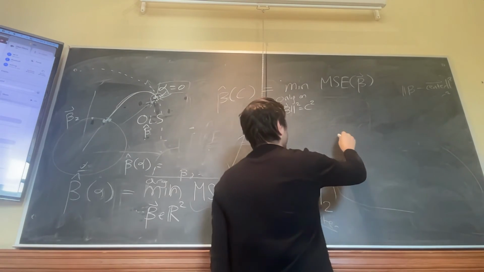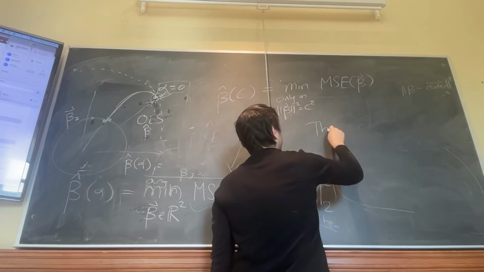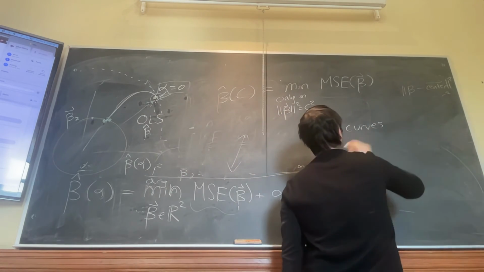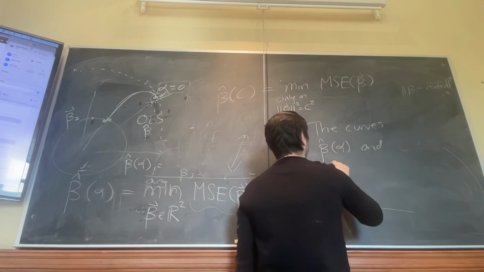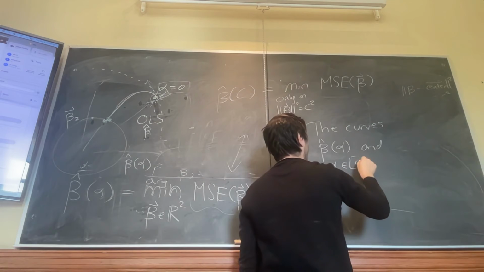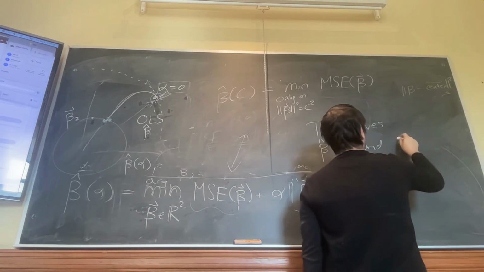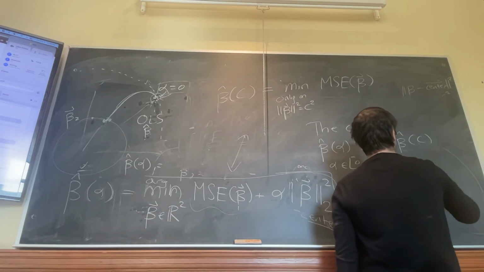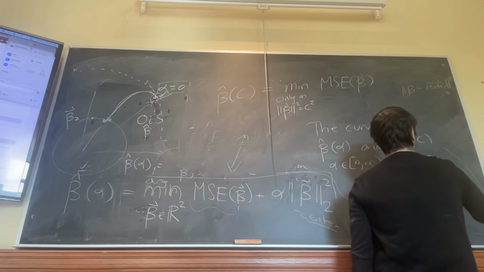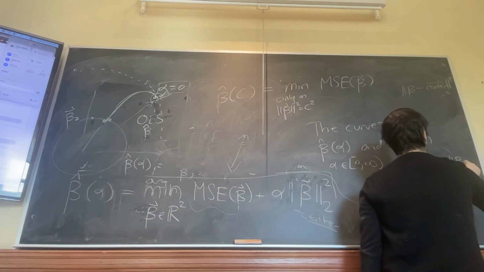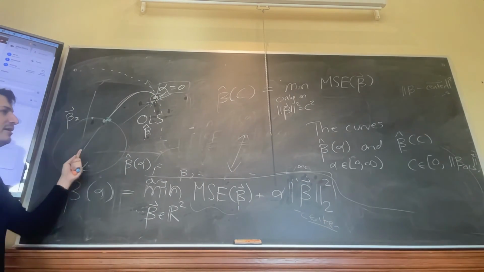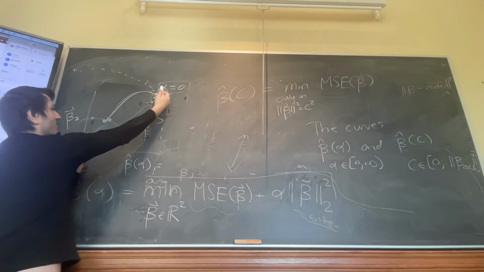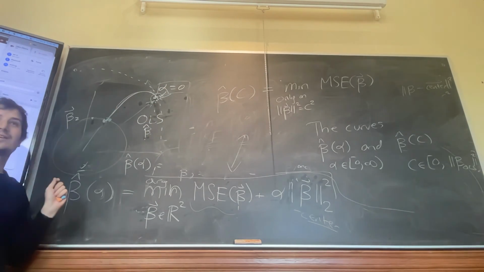So the curves beta hat of alpha, where alpha is between 0 and infinity, and beta hat of c, where c is between 0 and whatever you started at, the ordinary least squares. As you change the alpha parameter from 0 to infinity, you do this curve starting here and ending here. As you change the radius from 0 to the original thing, that's going to be exactly the same curve.